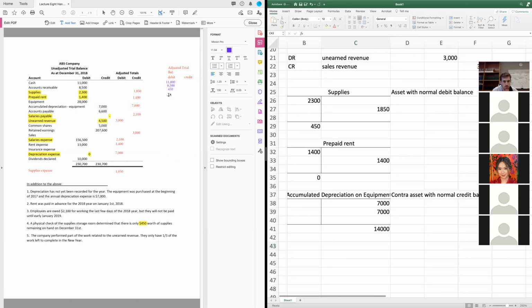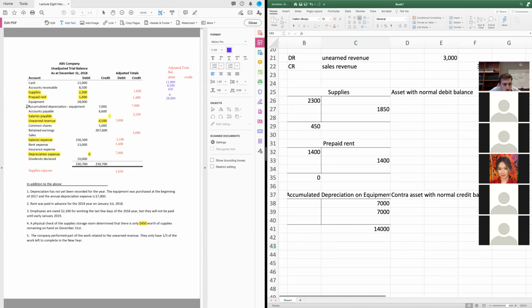What's my prepaid? 0. Very good. What's my equipment cost account? Any changes for the equipment cost account? No changes. So it's still 28,000.